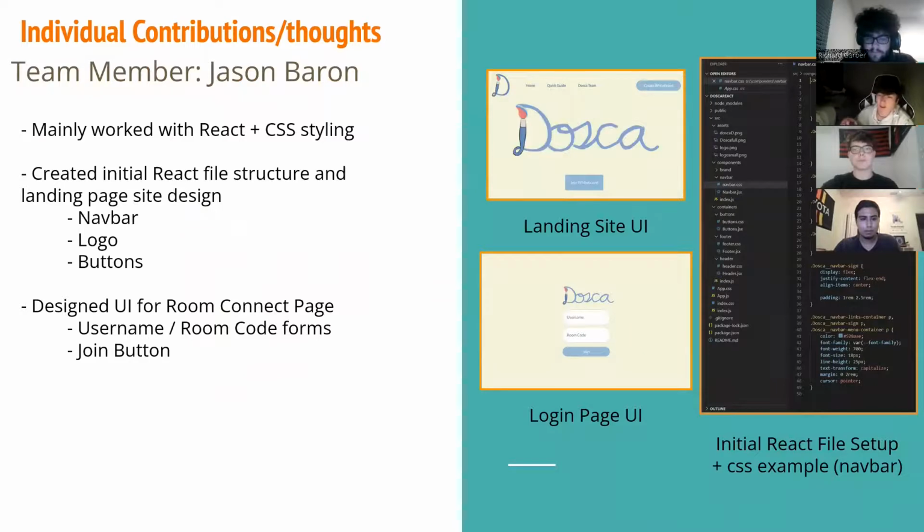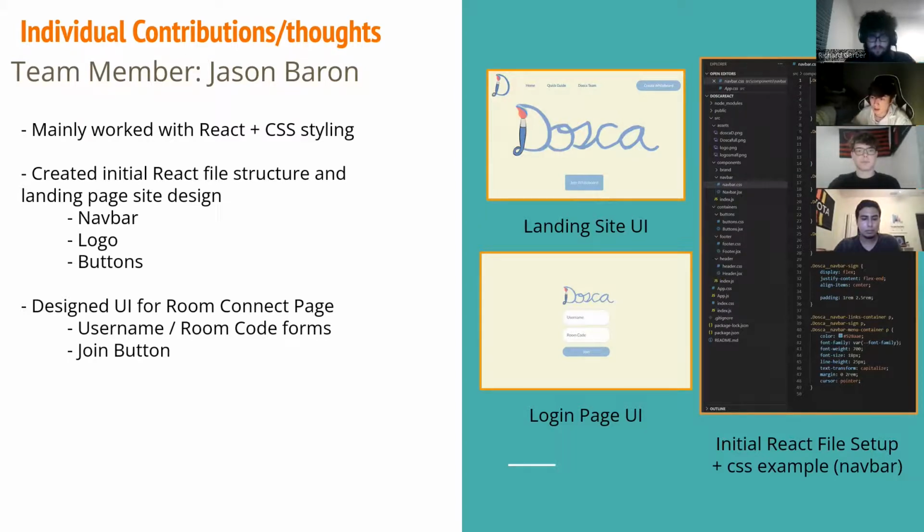All right, so for individual contributions, what I did was I mainly worked with React and CSS to create the UI elements. So I came up with the initial React file structure and did the UI for that landing page you saw.